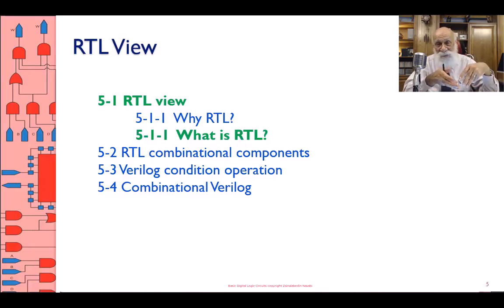Functions become more complex. And then you say, well, I cannot put gates together forever. So you go from transistor level to gate level. You exercise that, you learn that, and then you say, well, let's go one level higher. Instead of gate level, let's go to RTL or register transfer level, and then learn the components at that level, and then put those components together for your designs.